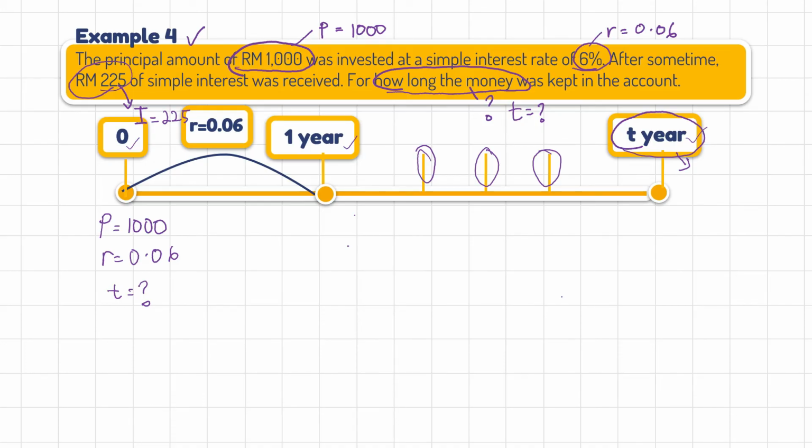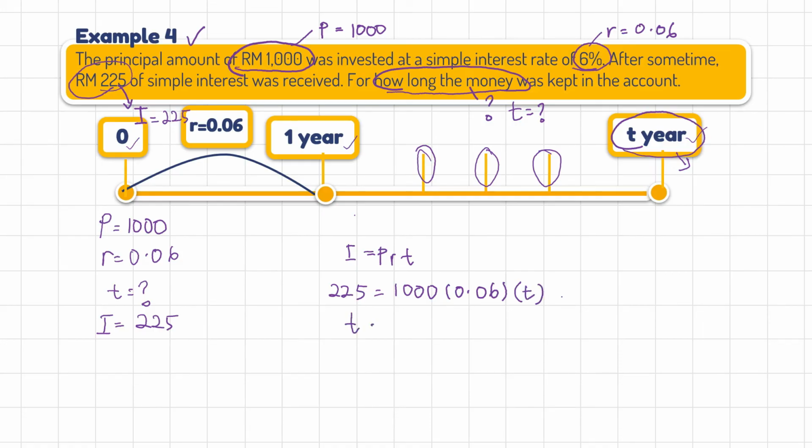The next one we have is our capital letter I, which is 225. Again, our formula is I equals to P times R times T. 225 equals to P is 1000, our R is 0.06 and our T is the one that we need to find.